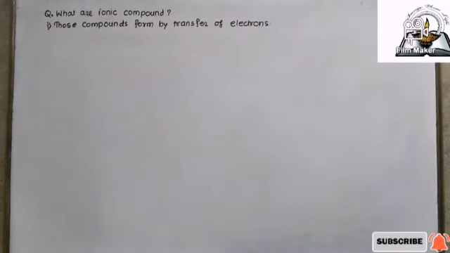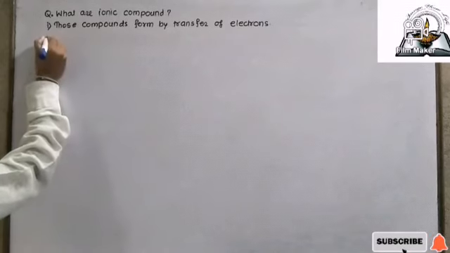Those compounds formed by transfer of electrons are called as the ionic compounds, or ionic compound also defined as crystalline solid formed by the metals and non-metals, or those compounds which are formed by the oppositely charged particles are also called as ionic compound.